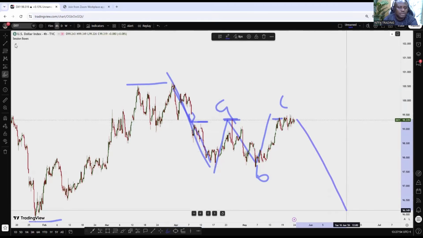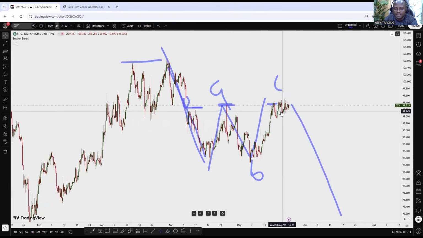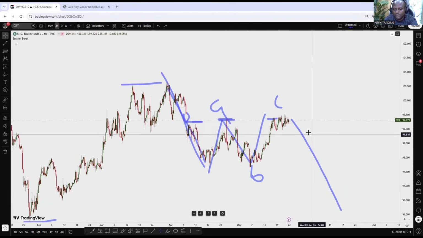All right, but right here, are you supposed to just click a sell for this? No, you can't just click a sell. We want the liquidity at the top here to be taken. As soon as this liquidity is taken, then we should be ready to sell the dollar to the downside. It can give you something like this, more upside.